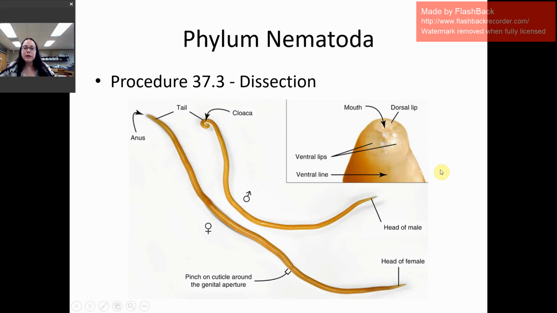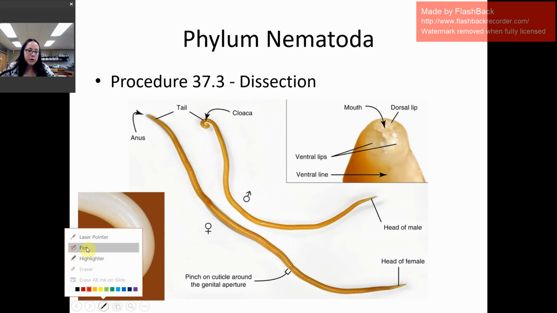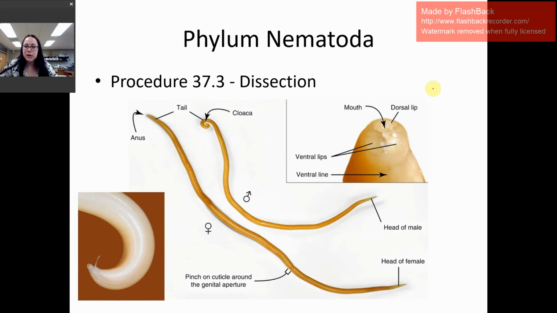The second thing I want to show you is if we zoom on the tail of a male, this is what you would see. You would see tight curls, and then you would see two little things. Just one is visible in this picture; normally there's another one, probably hidden by the way the picture was taken. Those are the penile spicules of the worm. I'm going to write it for you.